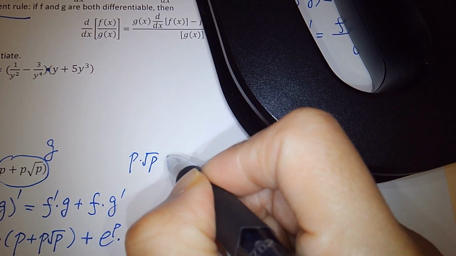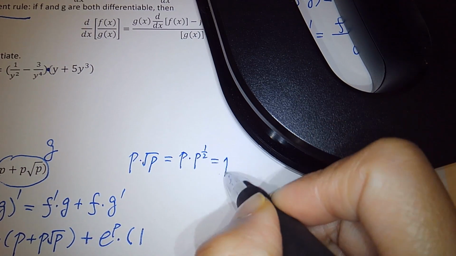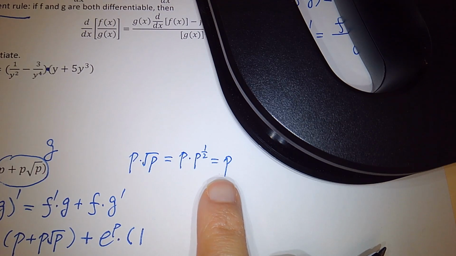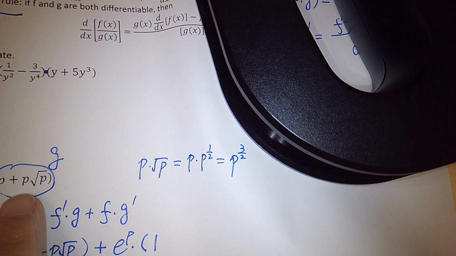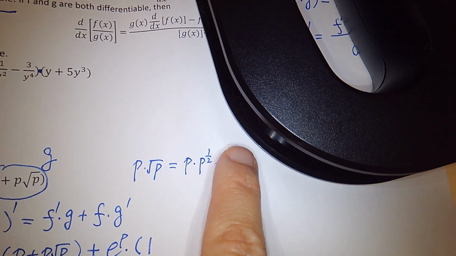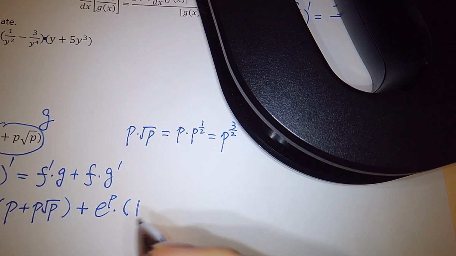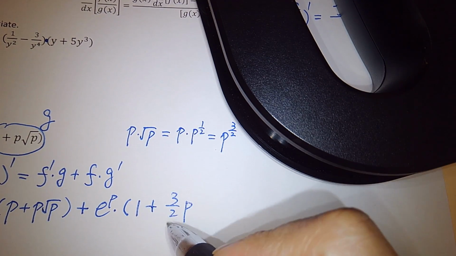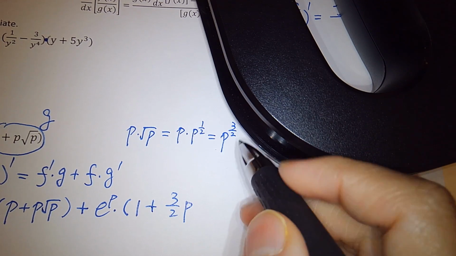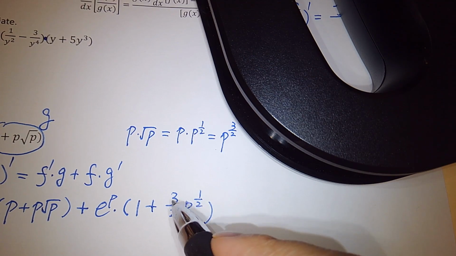We can rewrite it as p times p to the 1/2, and write it as one single power function: p to the 3/2. So what is the derivative of p to the 3/2? Power rule, right? 3/2 times p to the 3/2 minus 1, which gives 1/2. What's p to the 1/2? Square root of p, right?